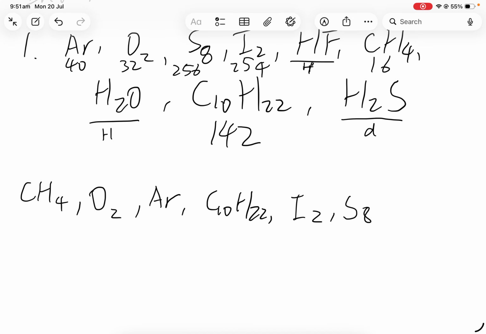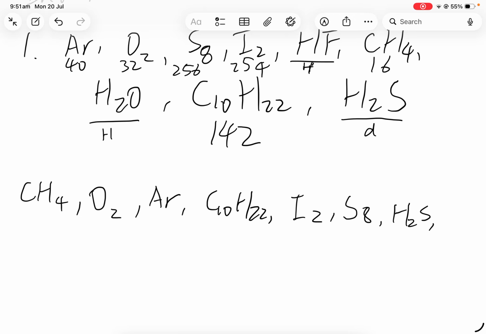And then now we're gonna do the ones that only have dipole, which there's only one, H2S. And then it's the two hydrogen bonds.